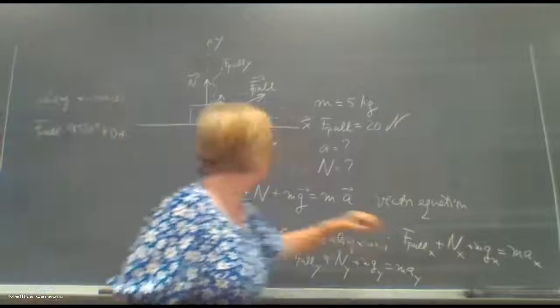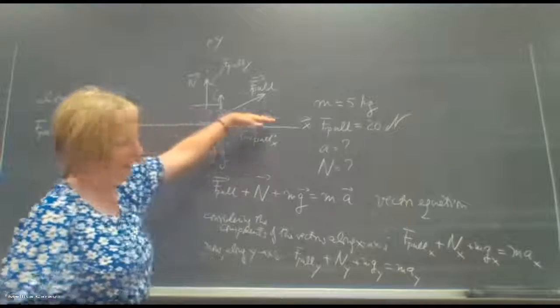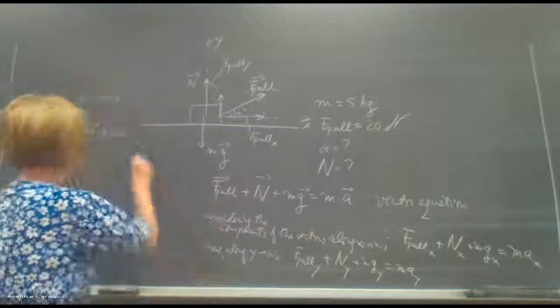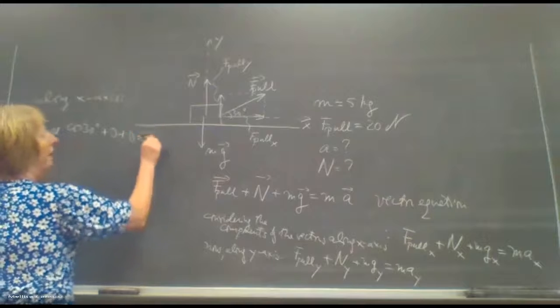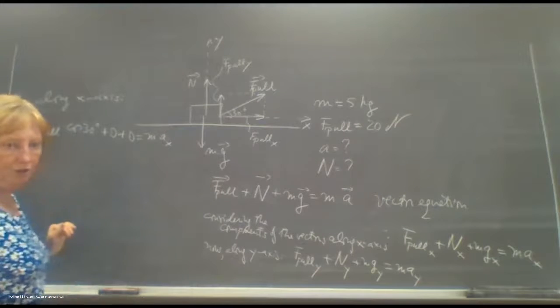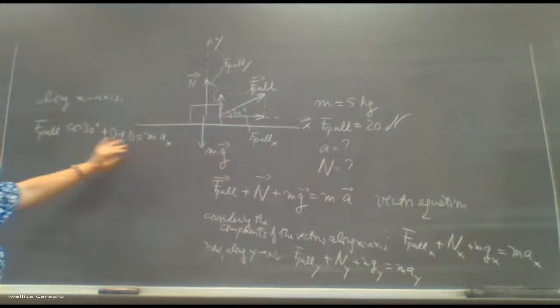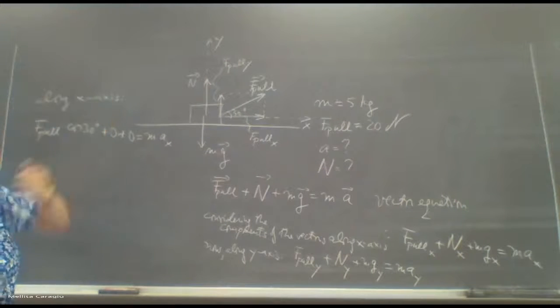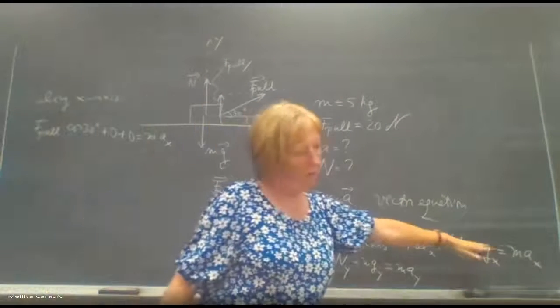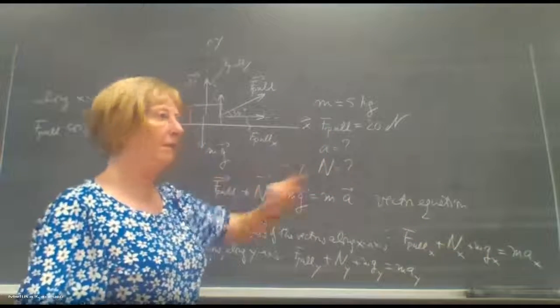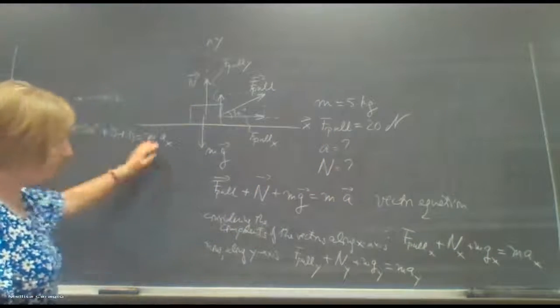The component of the weight along x-axis, again it's 0, equals mass times acceleration along x. So that's what we have from this particular equation, which considers vectors along x-axis.